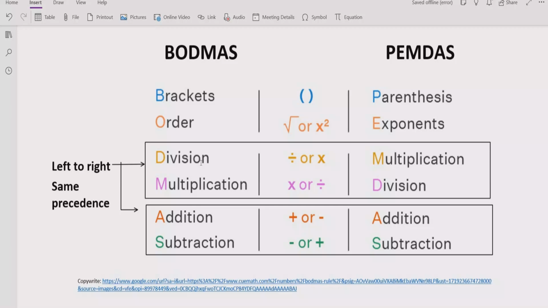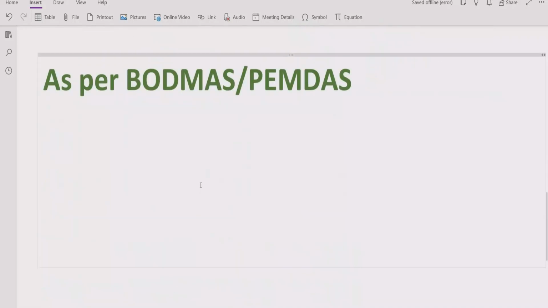Similarly, for addition and subtraction we have the same rule. We solve addition first if it comes first, and subtraction first if it comes first. Now we will move forward to solve the given expression.